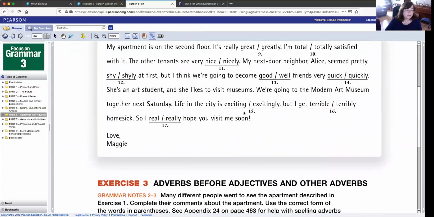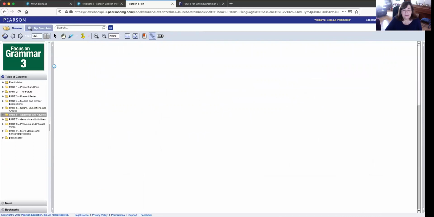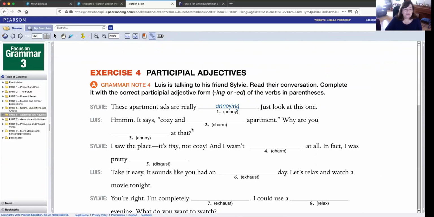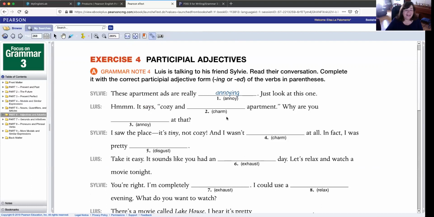Let's go to the next page. So we're on page 268 now, as soon as I turn this. There we go. 268, exercise 4 is part, oh my gosh. I'm getting tired. Participial adjectives, I'm sorry. I am getting tired. This is a long lesson. Okay, so this says Luis is talking to his friend Sylvie.